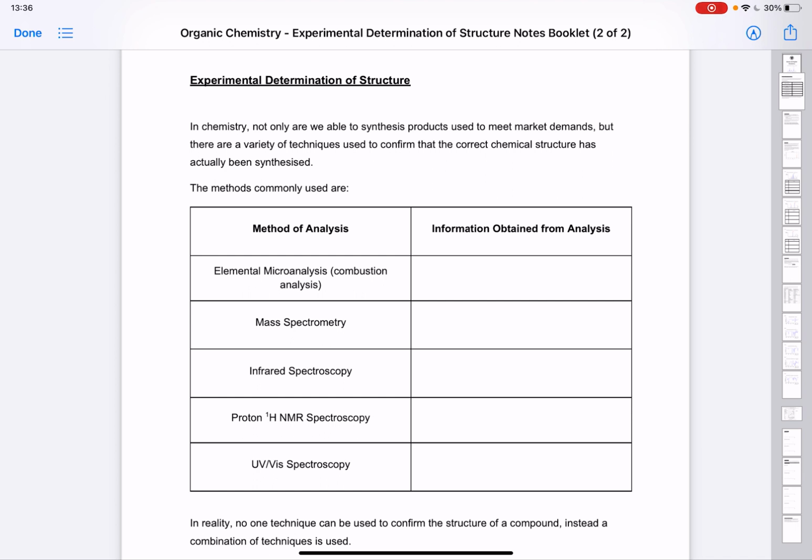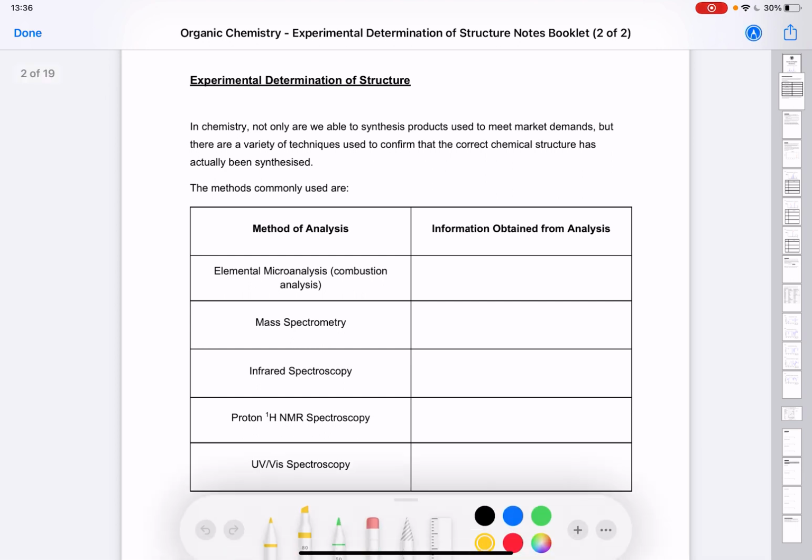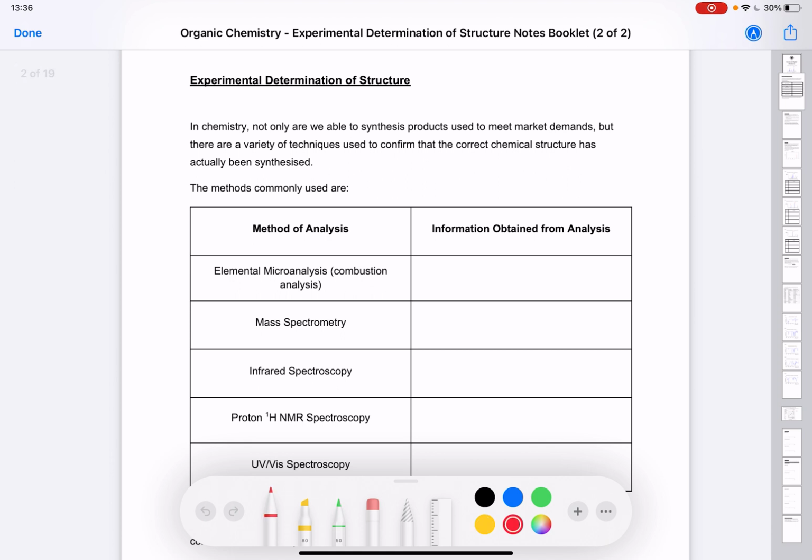And from each of those methods of analysis, we can obtain different information. So, for elemental microanalysis, the information that we obtain is the mass of each element present in your sample, which we can then use to work out the empirical formula of that substance.